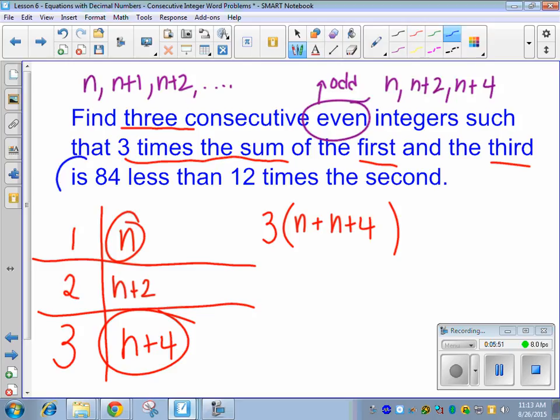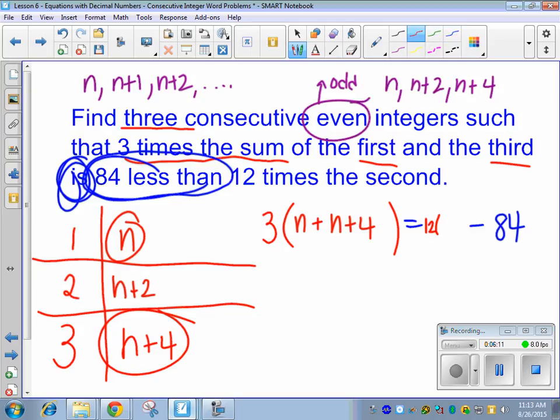Then we have the word is. What does is mean? Equals. 84 less than. What does that mean? Minus 84. Good, and leave a space. 12 times the second. So it's 84 less than 12 times the second integer. The second integer is n plus 2. Good. You guys work this out and tell me what you get.